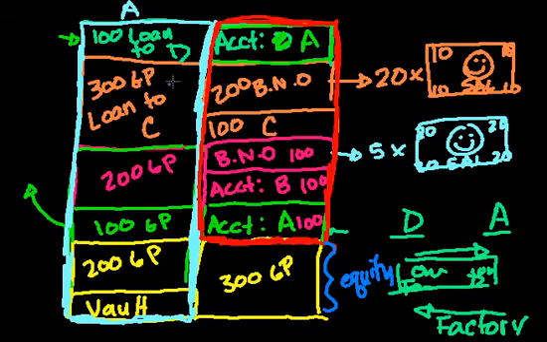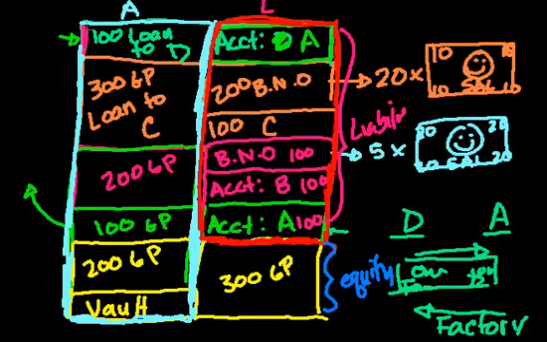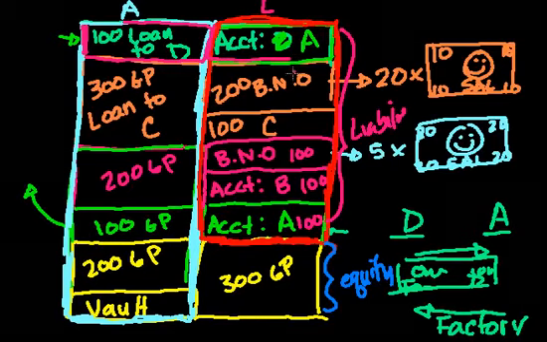So the question is, all of this was liabilities. How much can the bank continue to issue more loans and increase its assets and its liabilities? Remember, every time it issued a loan, like right here, it issued a 100 gold piece equivalent loan to D, and instead of giving D 100 gold pieces from, say, right here, it just created a checking account for D, which later D paid to A, and that's why it's labeled A right here.